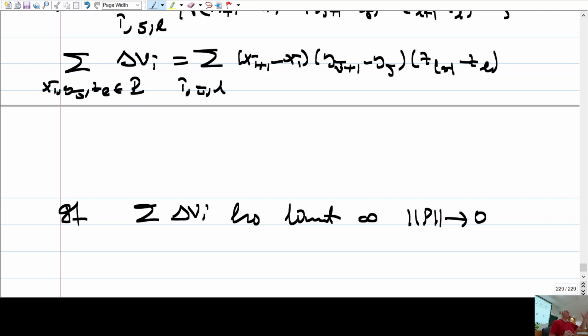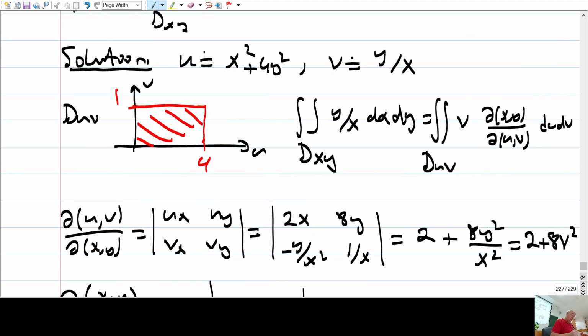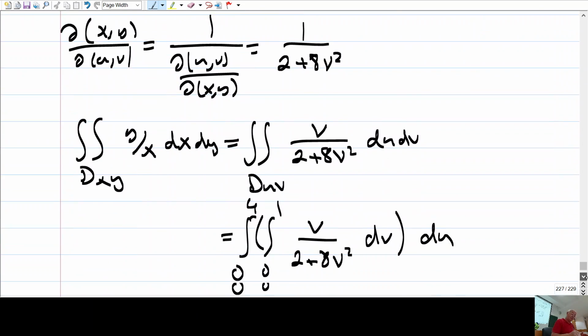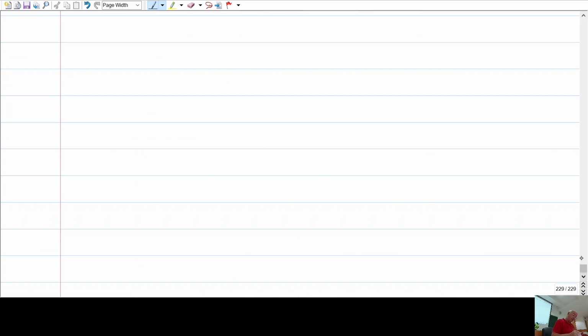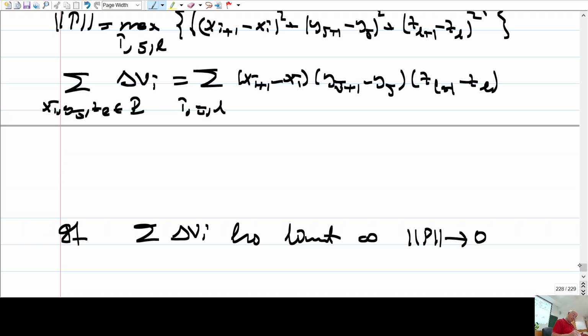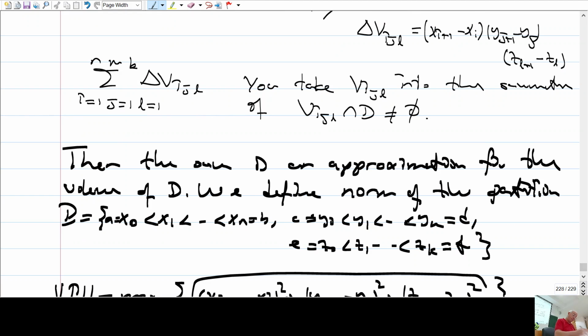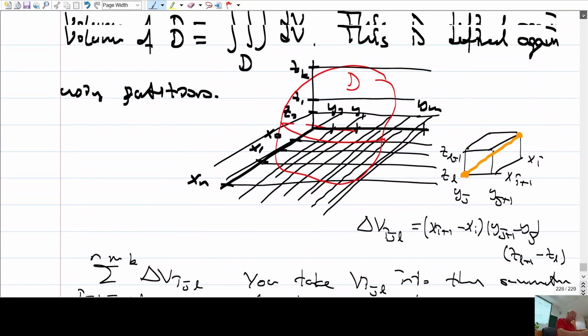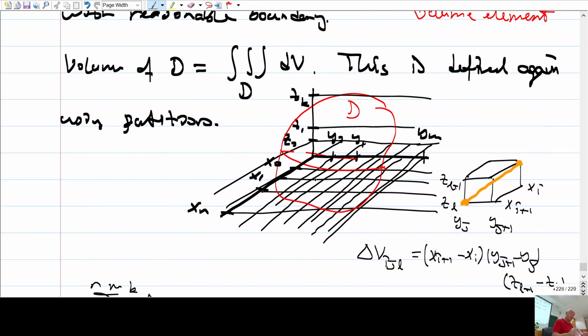We just keep dividing this region into smaller and smaller pieces, and I form the sum each time.